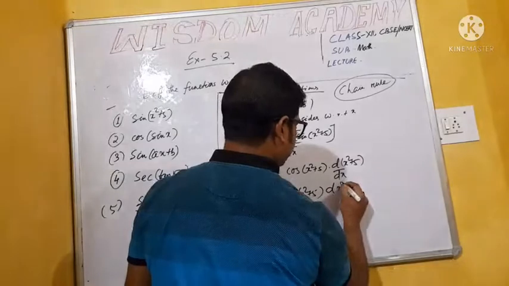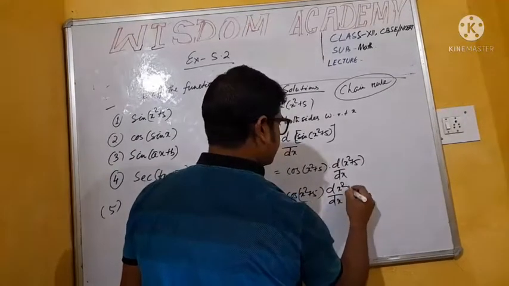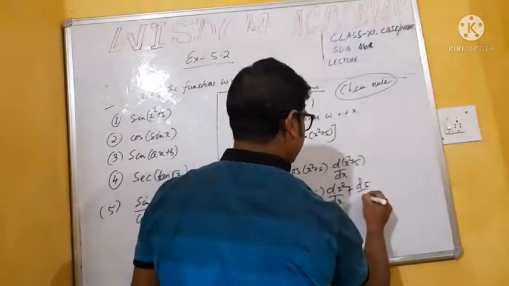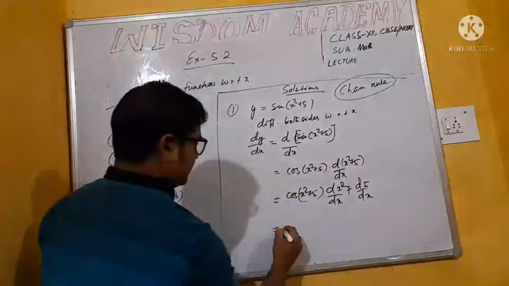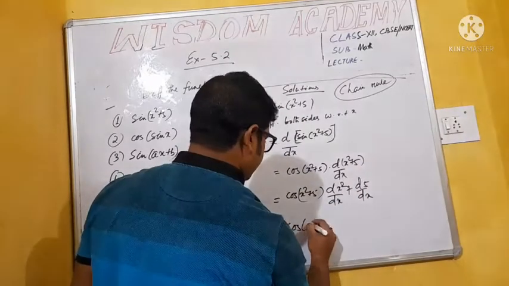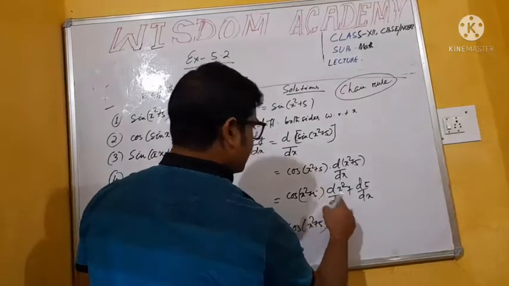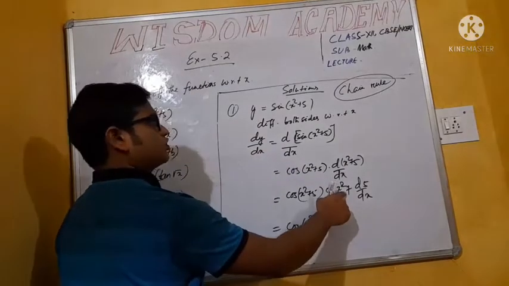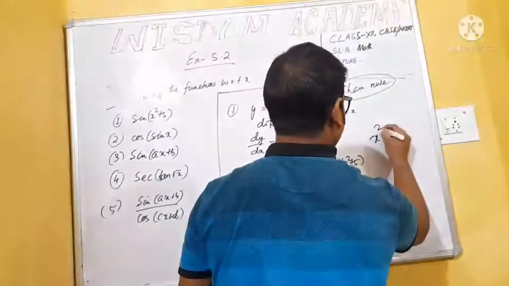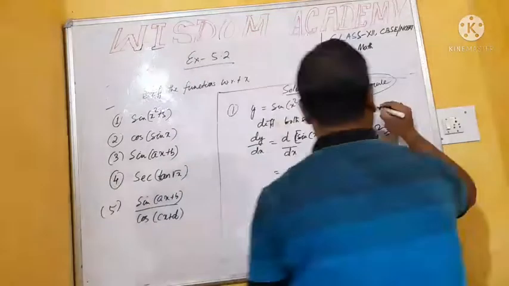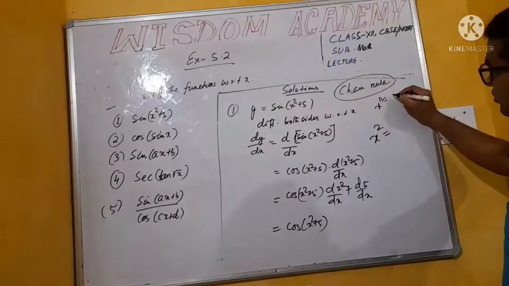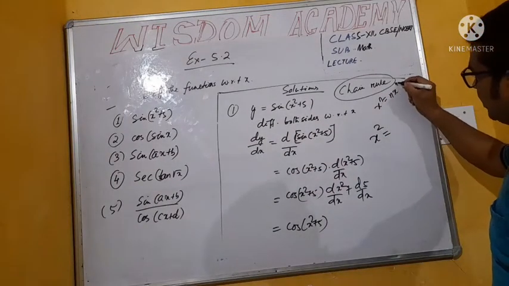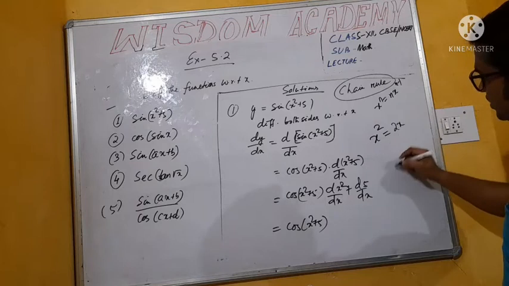So derivative of x square with respect to x plus derivative of 5 with respect to x. You can write cos x square plus 5, derivative of x square, x to the power 2, x to the power n formula, n x to the power n minus 1, that is 2x.